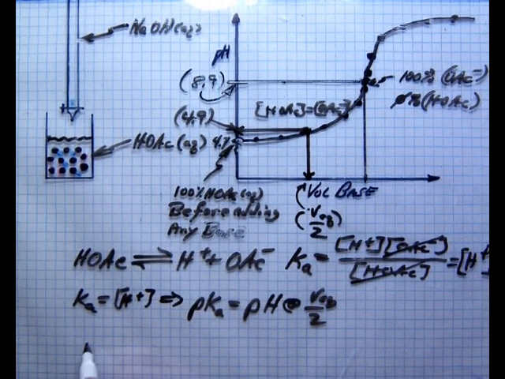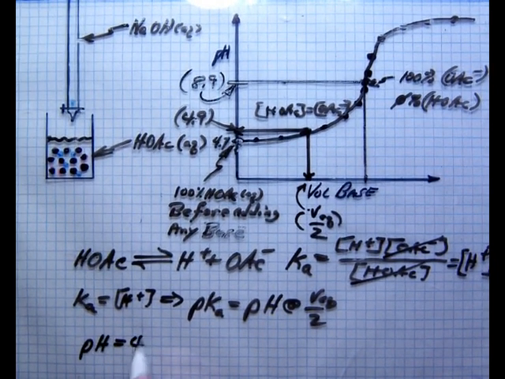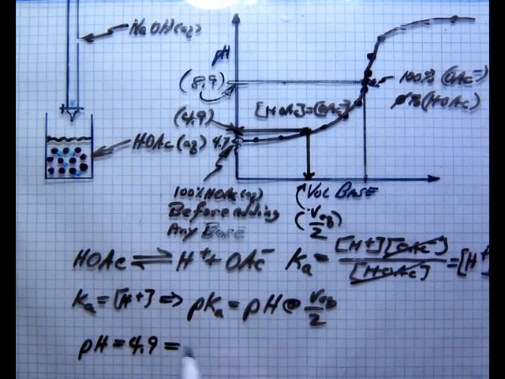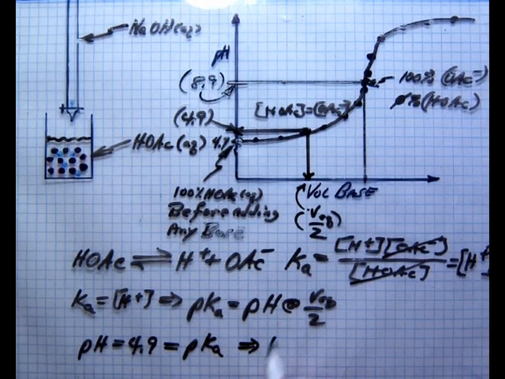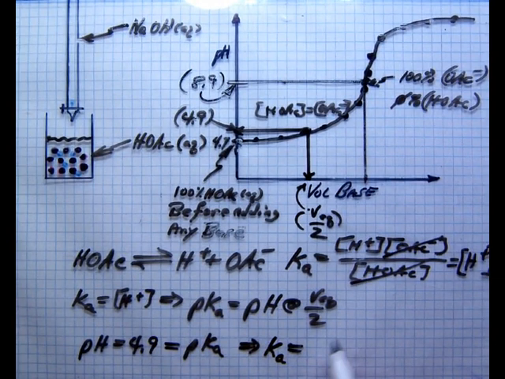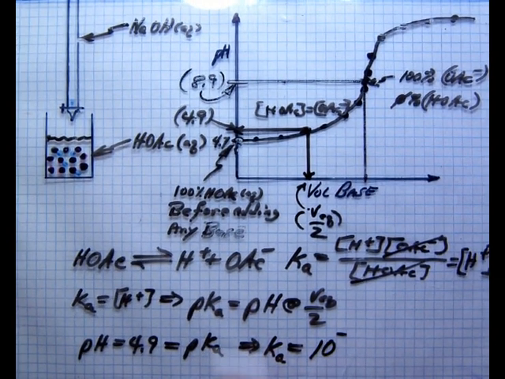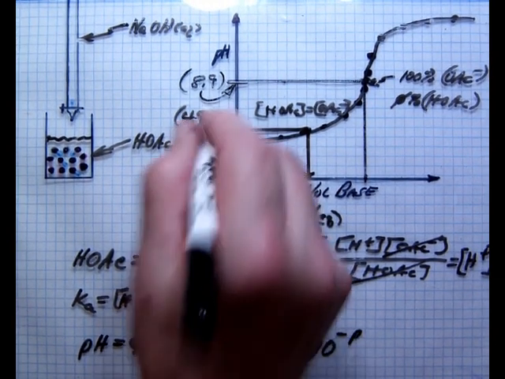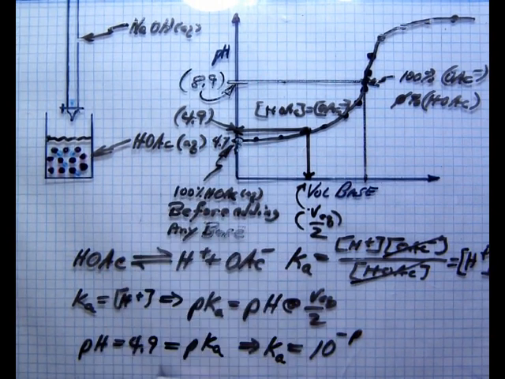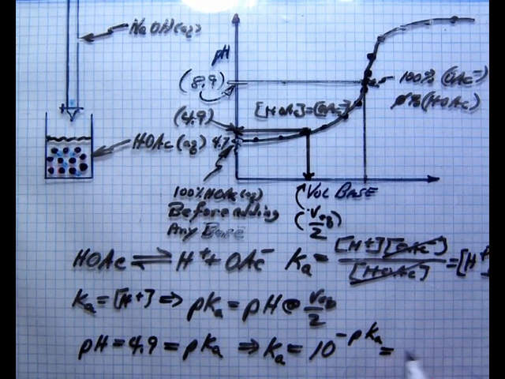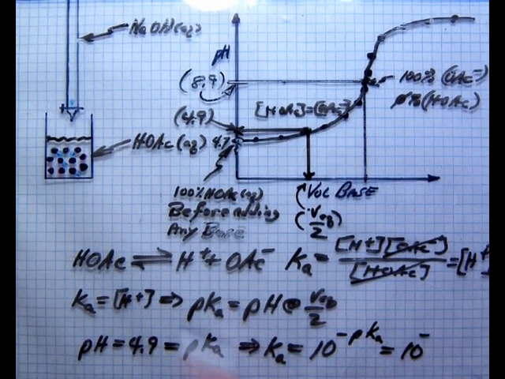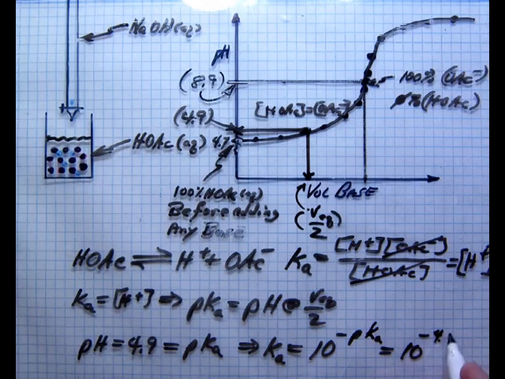So if the pH is equal to 4.9, it is also equal to the pKa. And so to form the Ka value, we take 10 to the minus pH, which equals the pKa, and that's 10 to the minus 4.9.